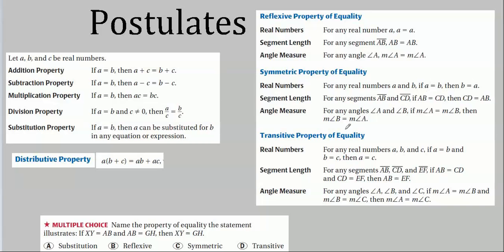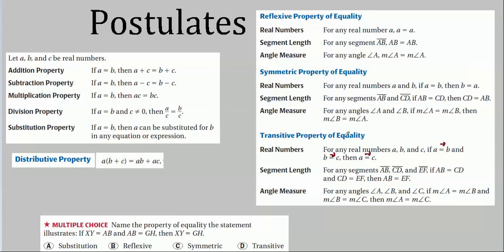What about transitive? Well, that's pretty much like what we called the chain rule before, isn't it? Remember in logic, we could just put implication symbols right up here. If A implies B, and B implies C, then A implies C. And back in logic, we called it the law of syllogism.